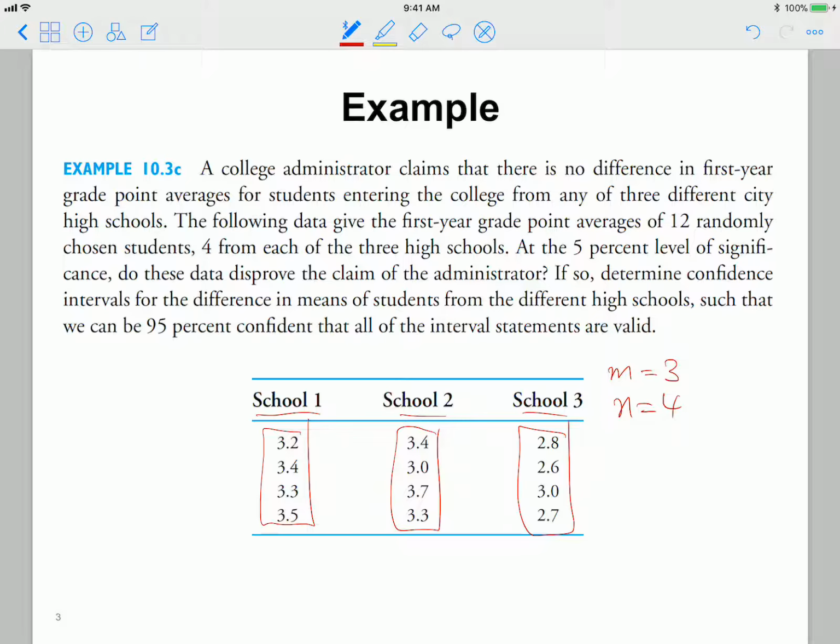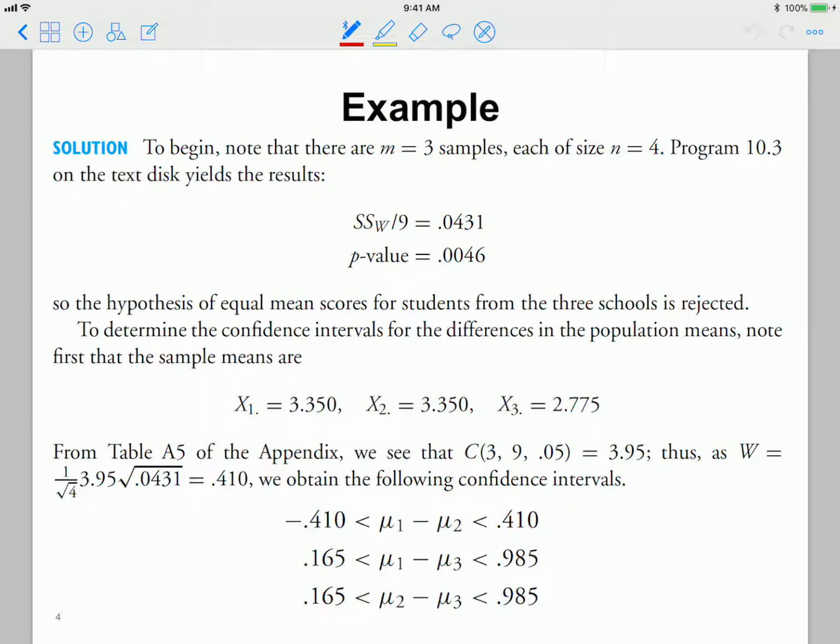Suppose we perform this hypothesis testing, and after it we concluded that we have to reject the null hypothesis, which means at least one of them is different from the others.